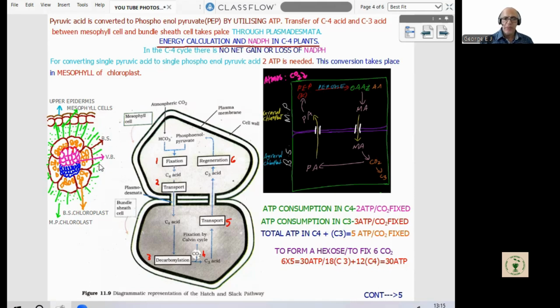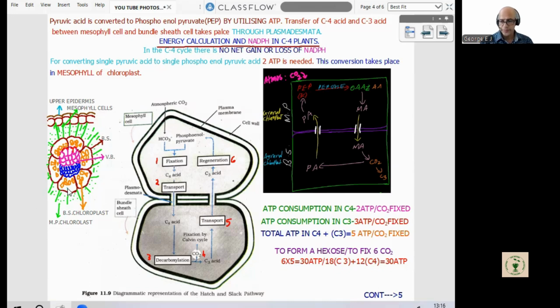We can find several layers around the vascular bundle, several layers. Large number of chloroplasts. Absence of grana, so it is called agranal chloroplast. Previously what we called granal, here it is agranal chloroplast. I marked it here very clearly.